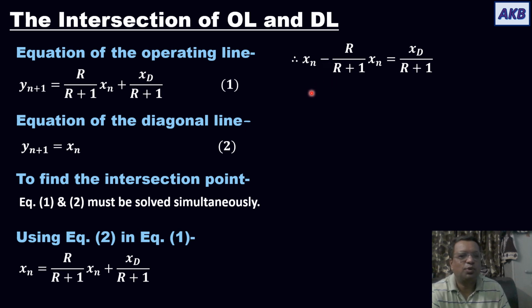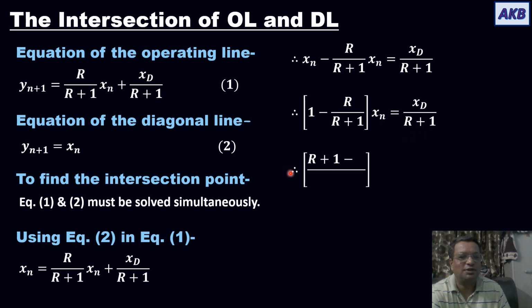In the next step, xn can be taken common out of these two. So it will be 1 minus r upon r plus 1 into xn, that is equal to xd upon r plus 1. Further simplifying will give us r plus 1 minus r upon r plus 1 into xn, that is equal to xd upon r plus 1.